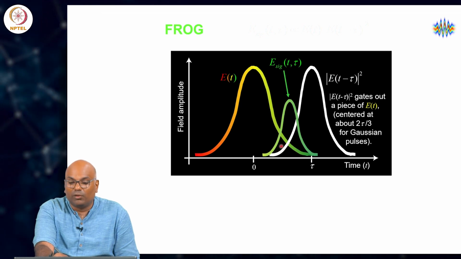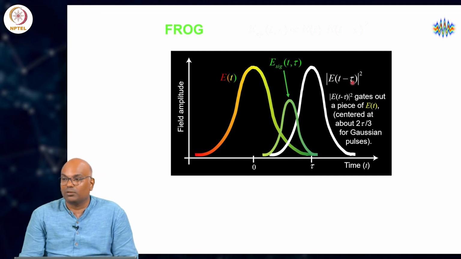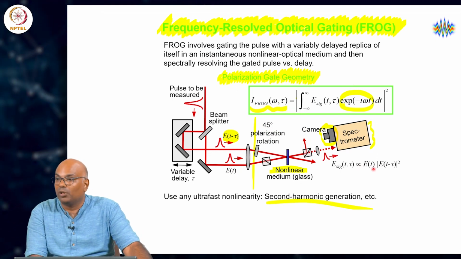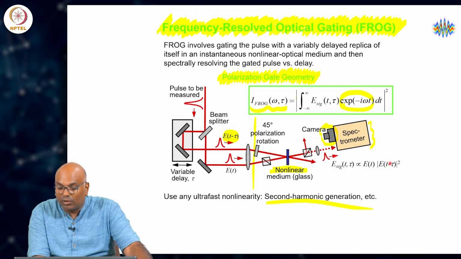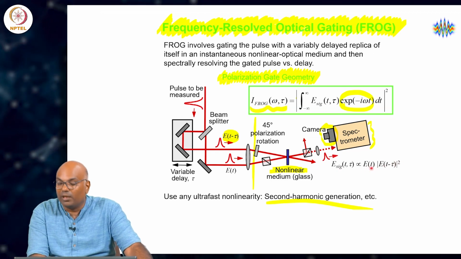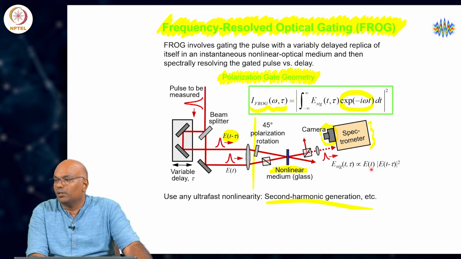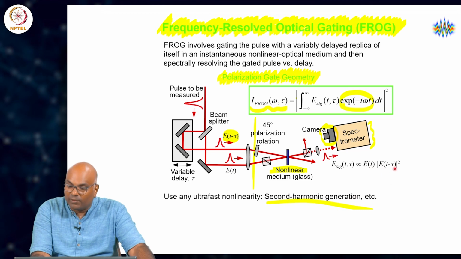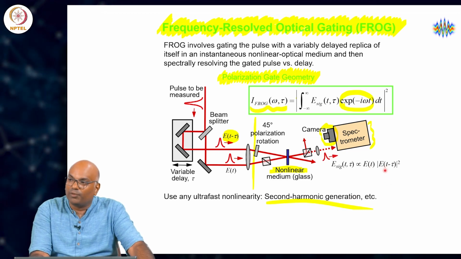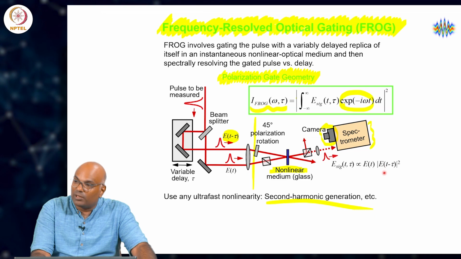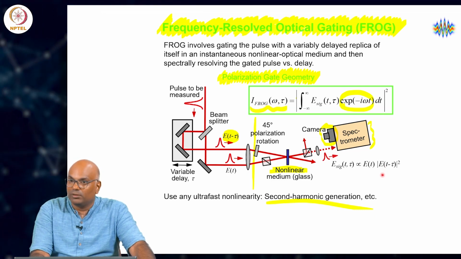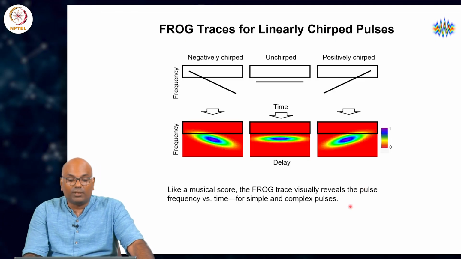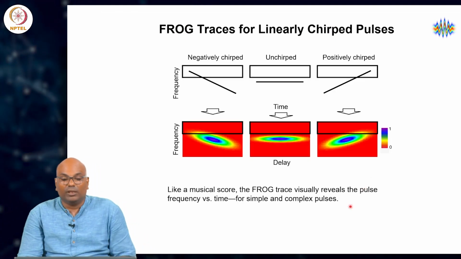It is a product of these two functions. The signal here for the third order autocorrelation is a product of the absolute value square of this times the electric field. That is Kerr nonlinearity at work basically. Had it been second harmonic, this would not have been the absolute value square of E of t minus tau; E of t minus tau would have been the gate. But then you need to measure the spectrum in this case.